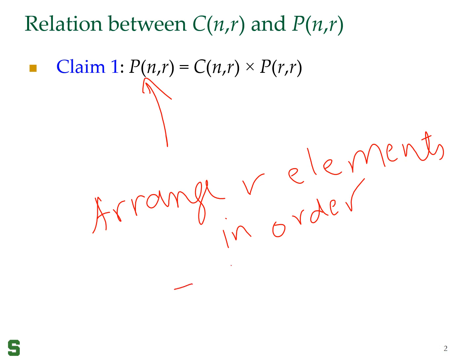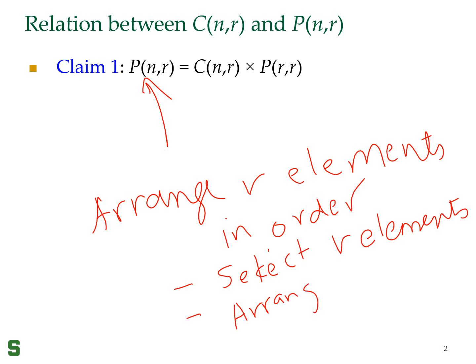First step, I'm going to select the r elements. And then I'm going to arrange them in some order. So how many ways can I select the r elements? The number of ways I can select the r elements is exactly C(n,r).